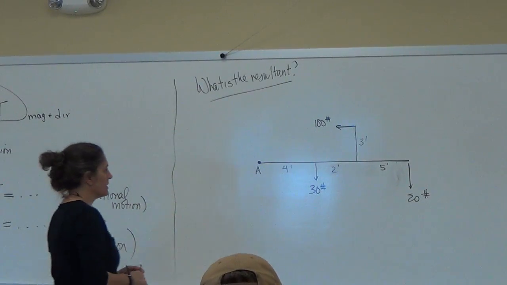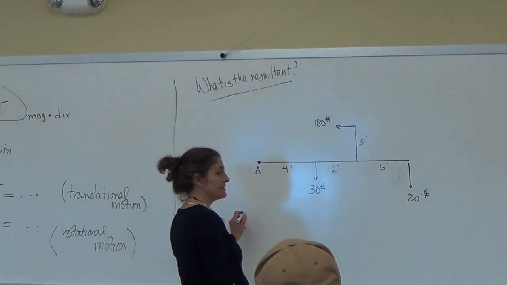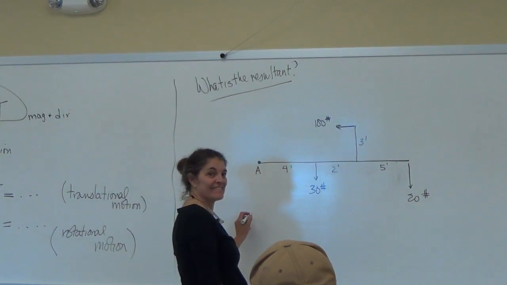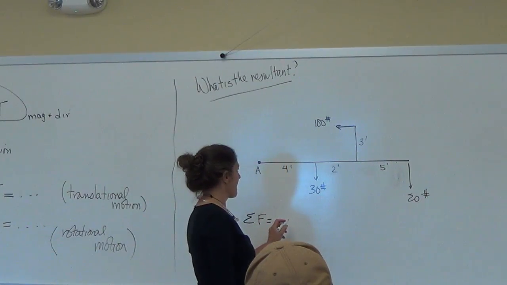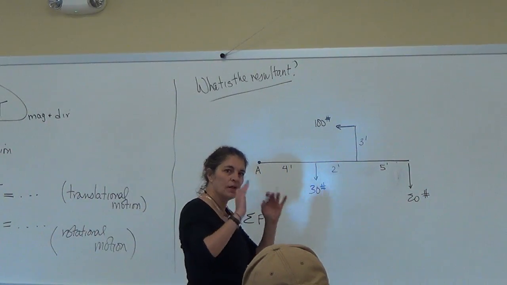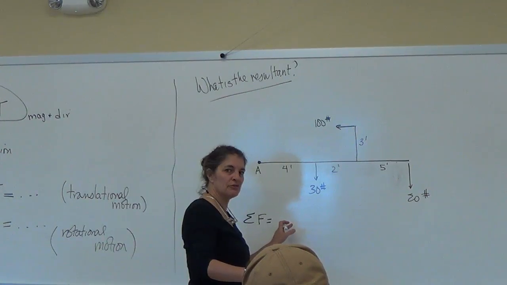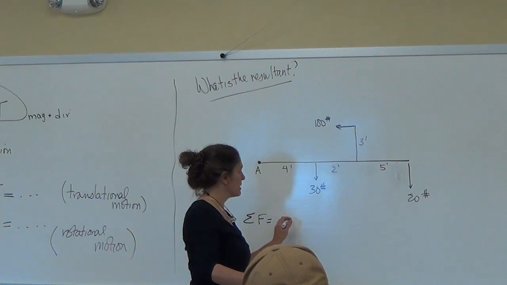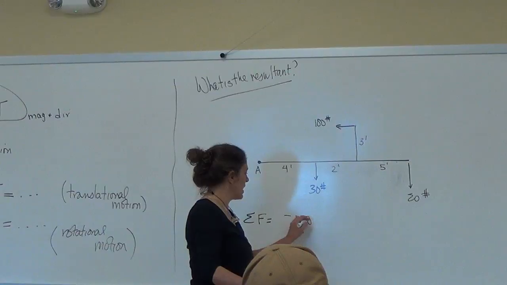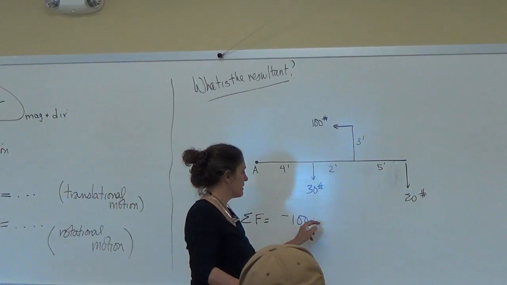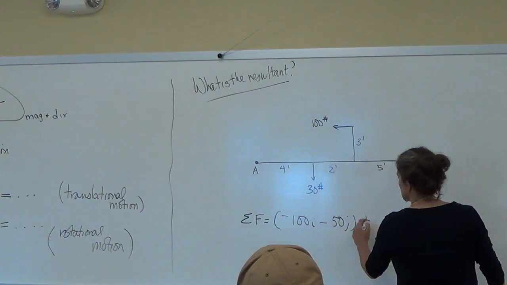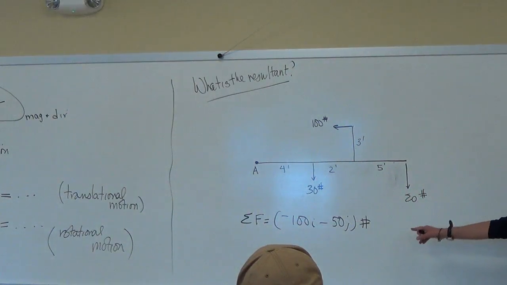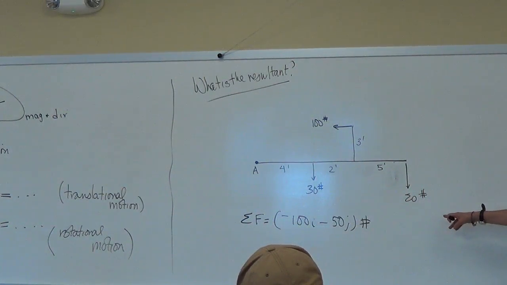Sum of the forces equals -100i. Let's do it all in our head. Represented in vector form, what is it? -100i -50j pounds. That's the vector form. What else could I do?